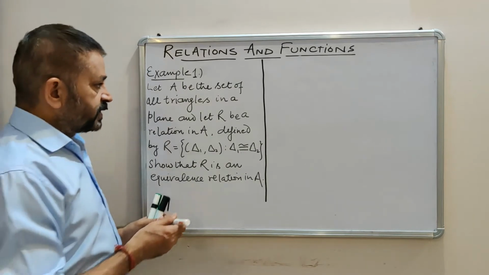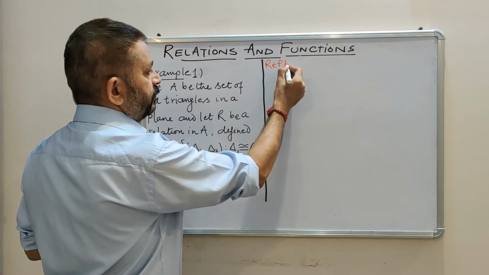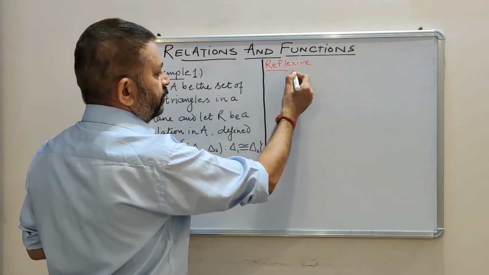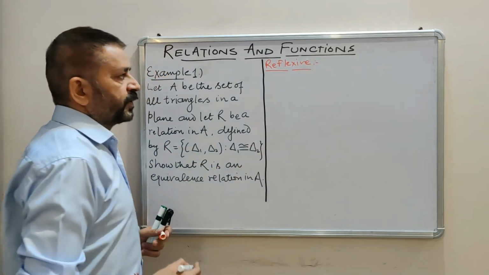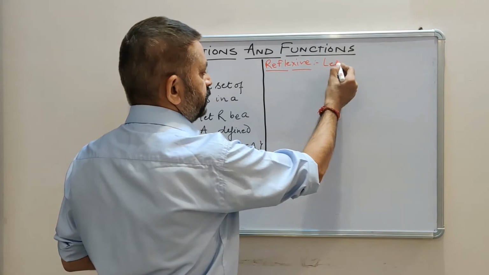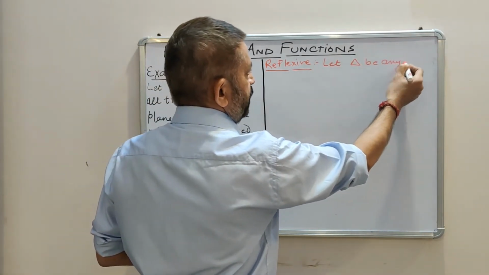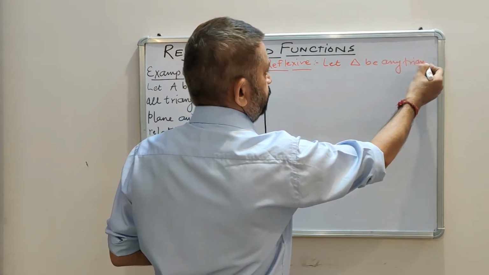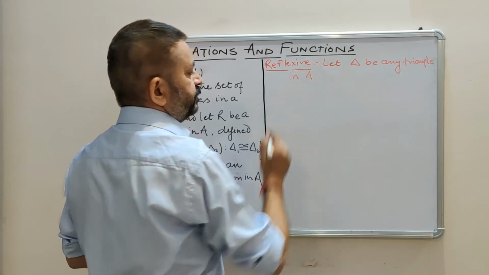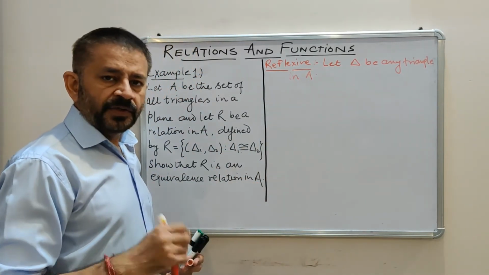Okay, so we'll start with reflexive. First we'll check whether it is a reflexive relation or not. Let Δ be any triangle in set A. So every triangle is congruent to itself.